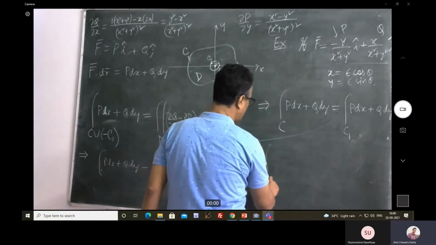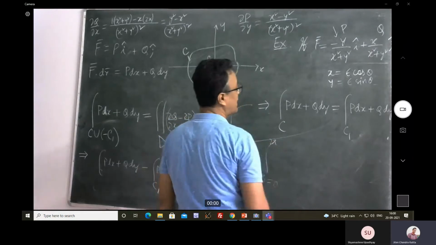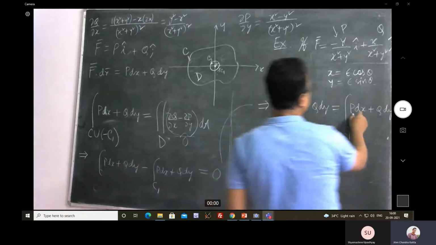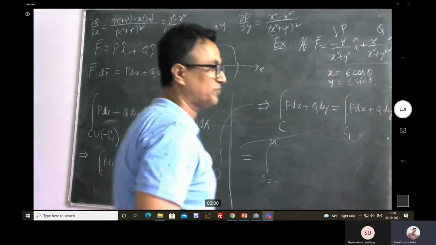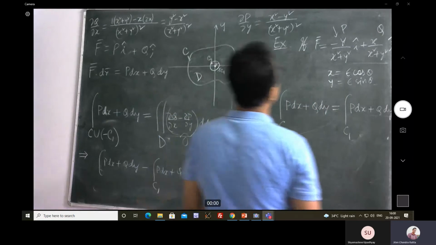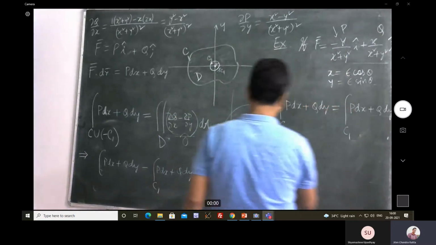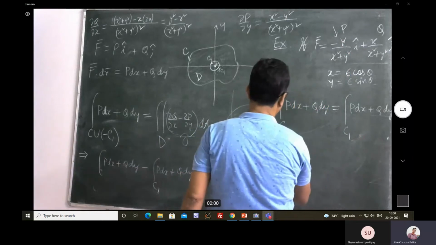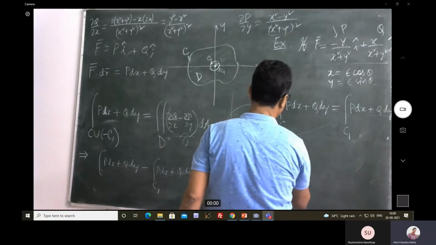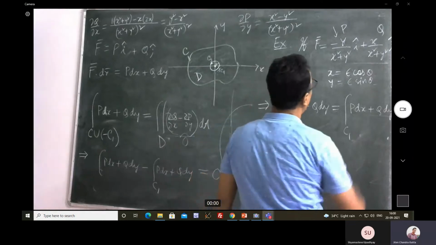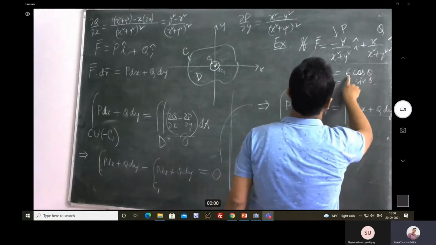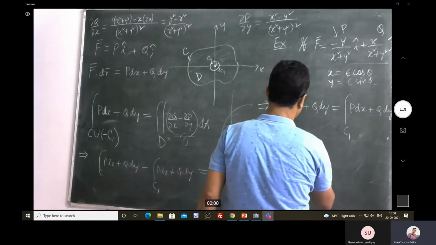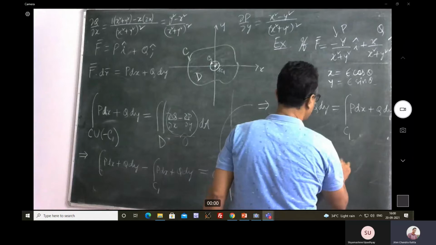So P is minus y, which is epsilon sin theta by epsilon squared, and dx is minus epsilon sin theta d theta.